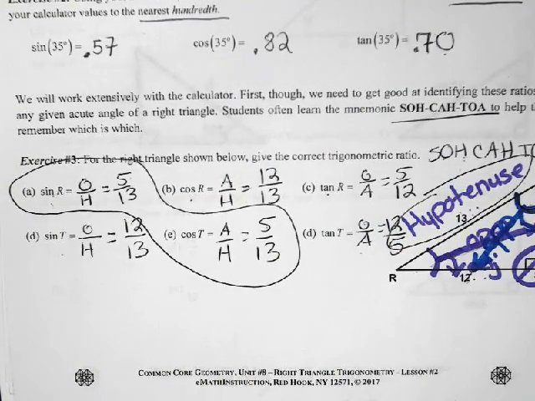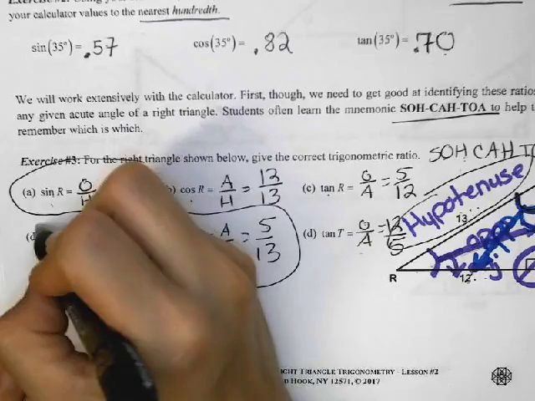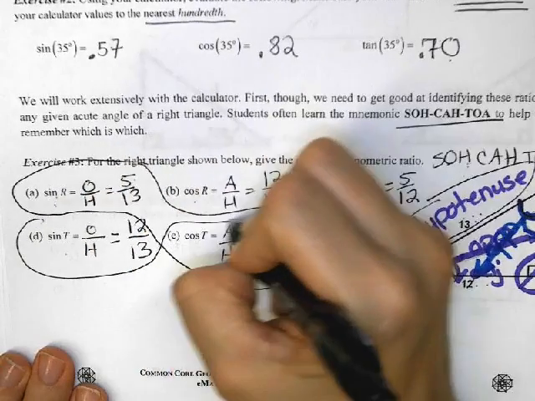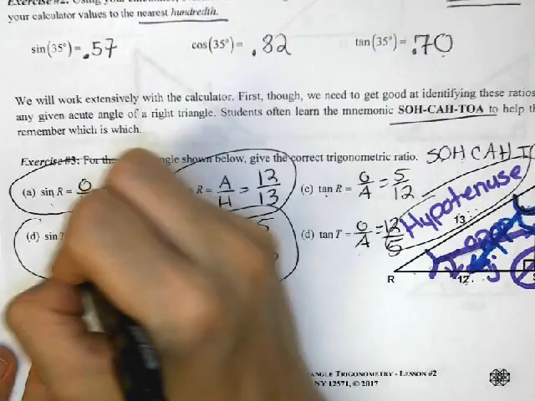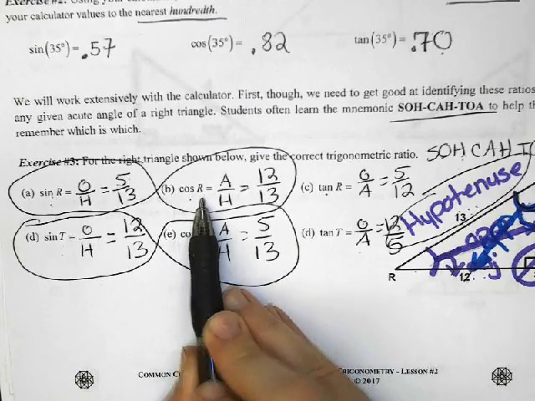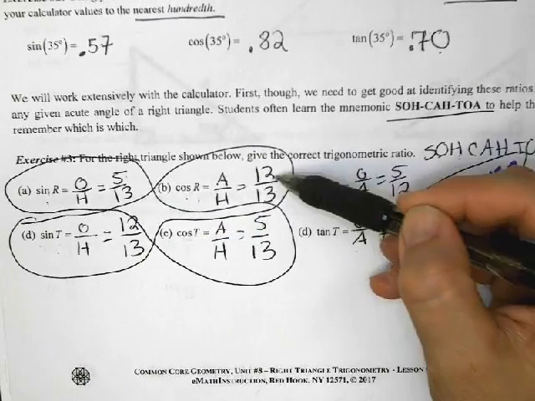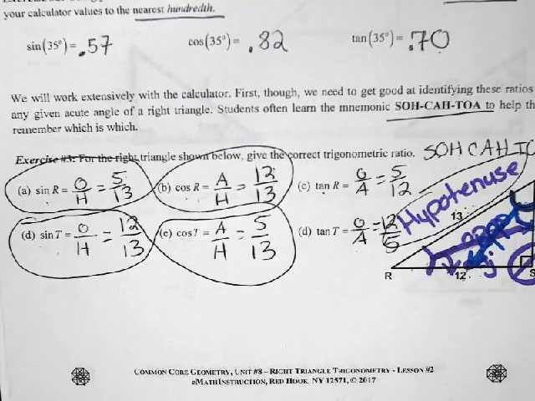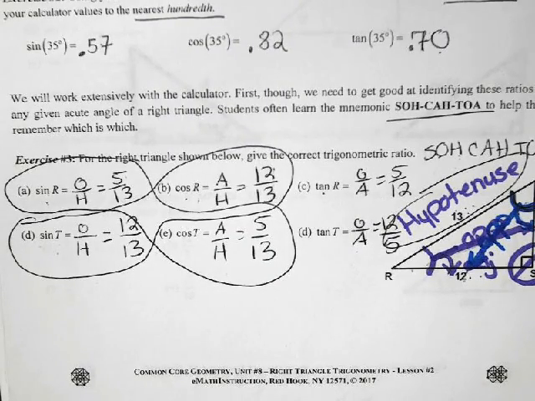What other one is equivalent? 12 over 13 matches this 12 over 13 of sine of T equals cosine of R, because they have the same fractions. Okay, so when they ask you that question, that's what it is.